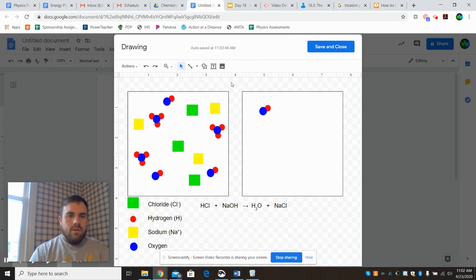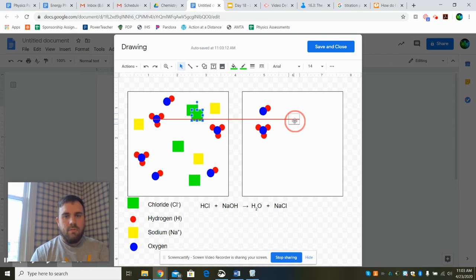So let me take these hydronium guys right here. I'm just going to paste it like this. Okay, so like that. And then I'm going to take this because sodium chloride is forming. Well, basically what that means is that I've got my sodium ions and my chloride ions like this.